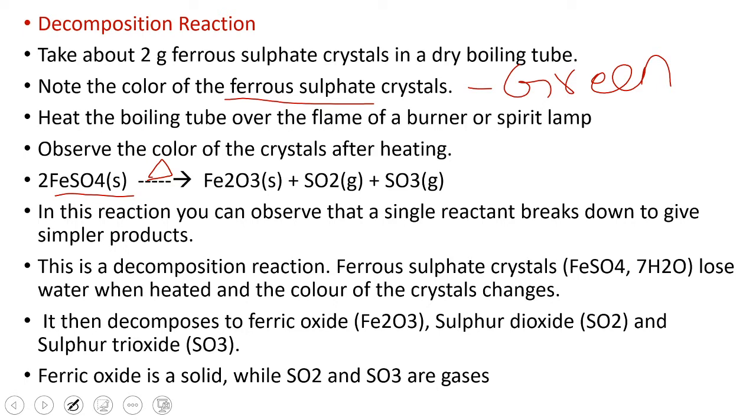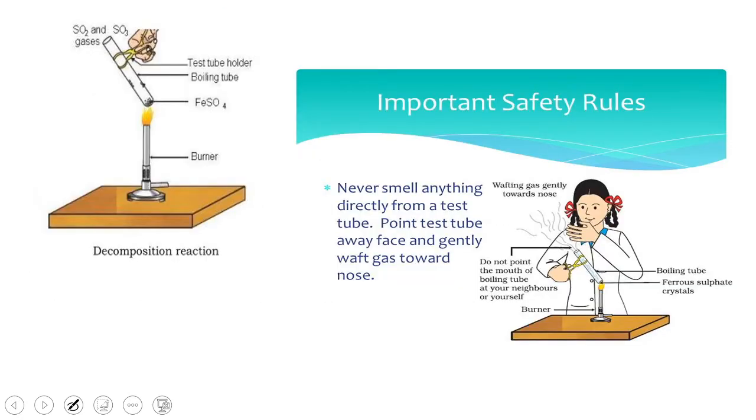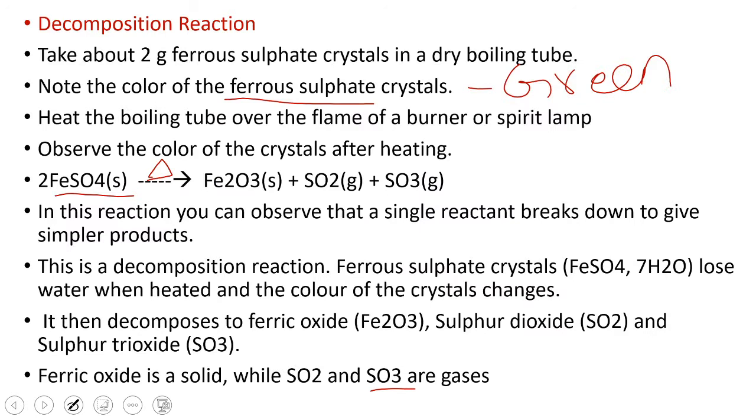So the green color of ferrous sulfate first converts into white and then decomposes into sulfur dioxide and sulfur trioxide, which are colorless gases. Actually, sulfur trioxide is a little yellow in color, and ferric oxide is formed. These reactions are examples of decomposition reaction. What do we mean by a decomposition reaction?